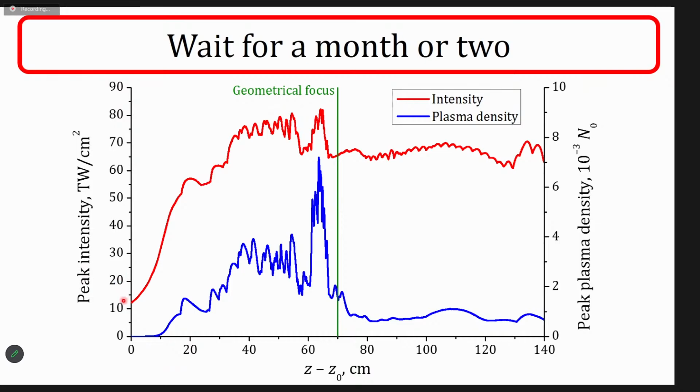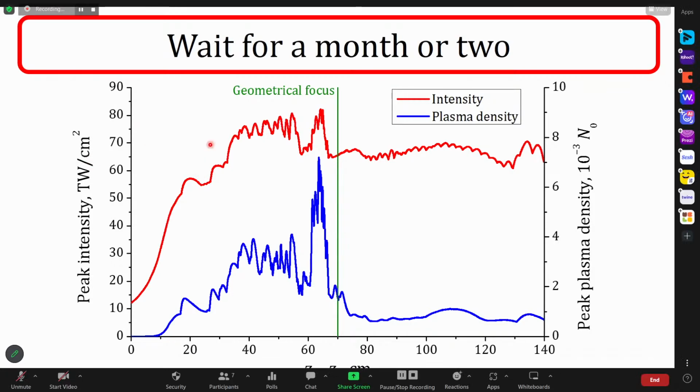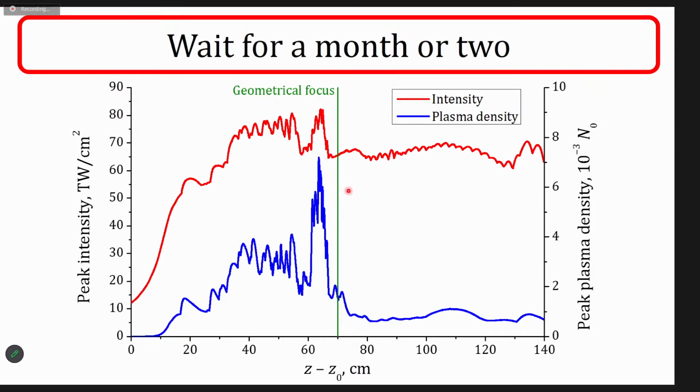And if we run it and we wait, we have the solution with the intensity and plasma density behaving like this. We can see that the intensity raises up to 60, 80 terawatts per square centimeter. We see quite a regular structure that indicates that the filaments interact with each other.